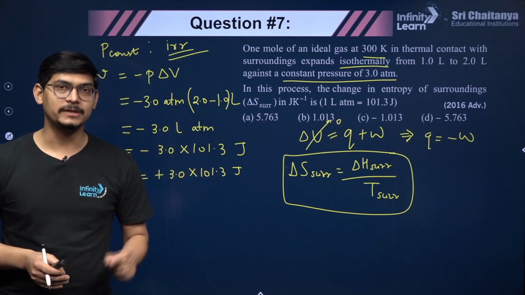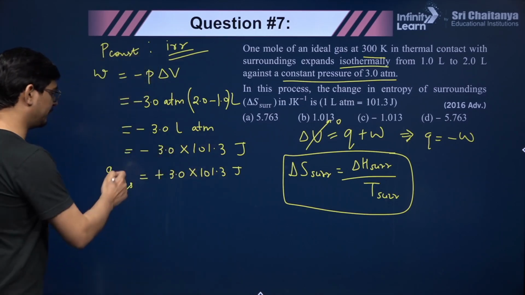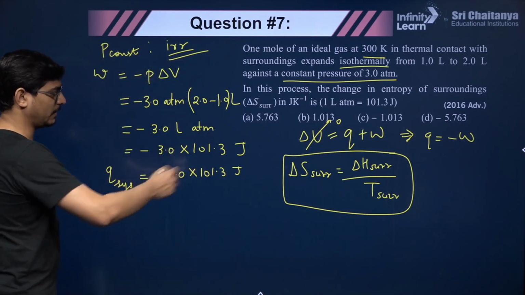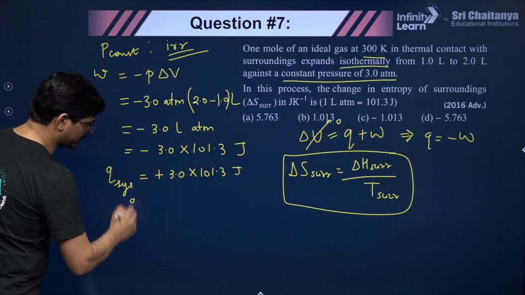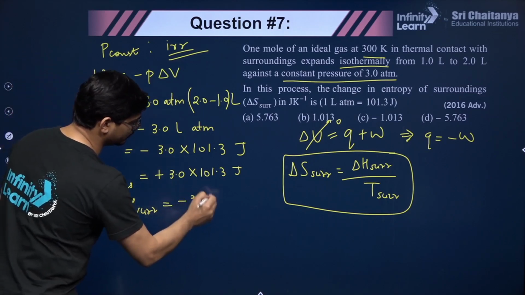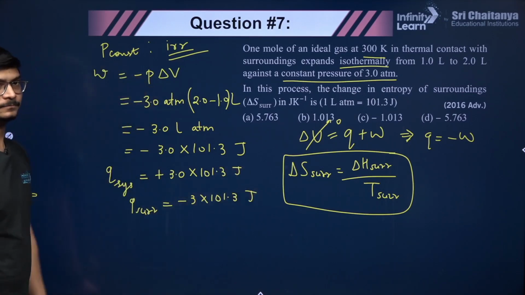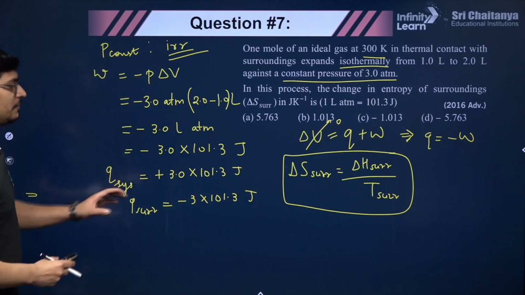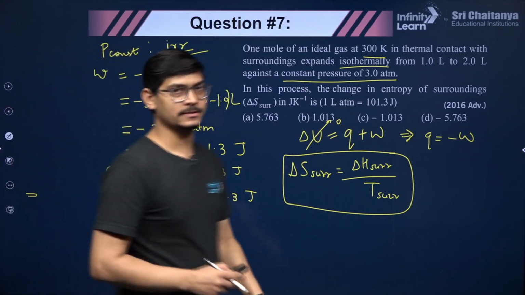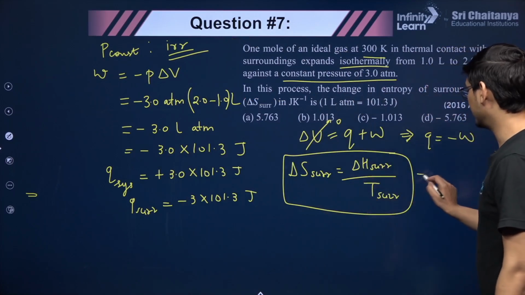So for the surrounding, Q is plus 40. What I am trying to say is, if Q for the system is plus 3, Q for the surroundings will be minus 3 into 101.3 joule. Is that clear? Alright. Now finally the entropy change is heat transfer divided by temperature. So just substitute the value.